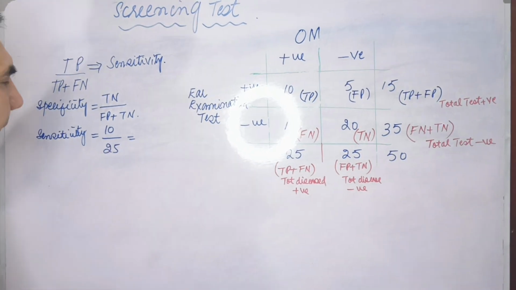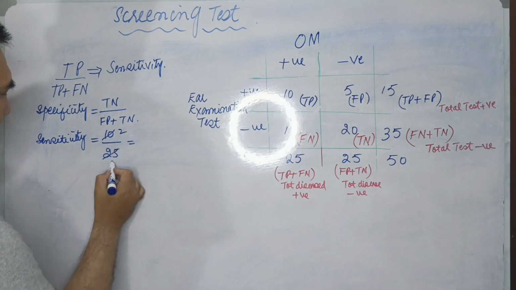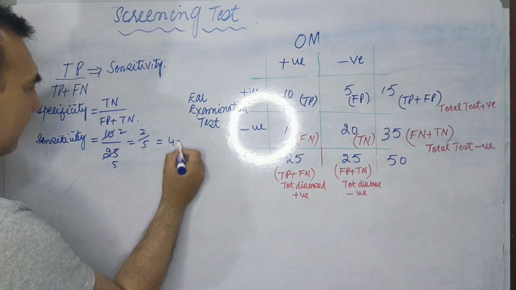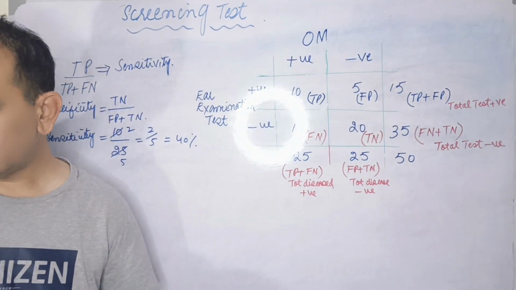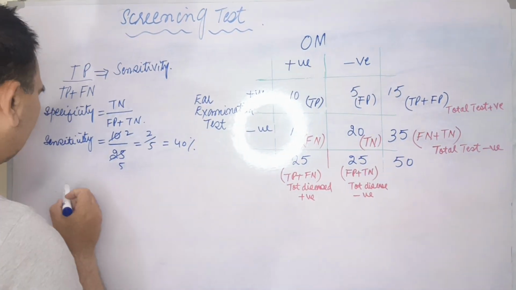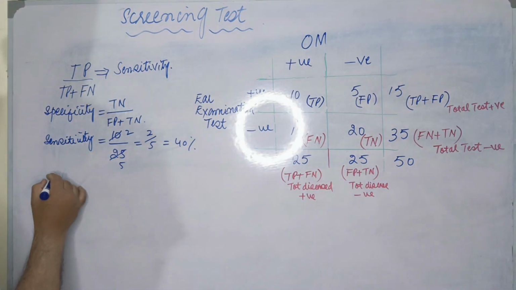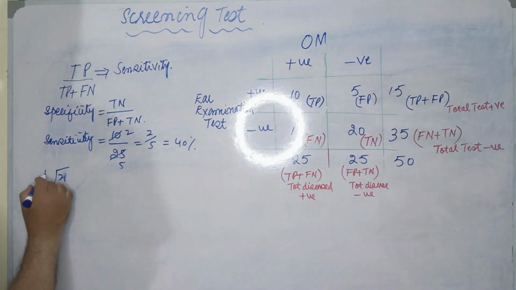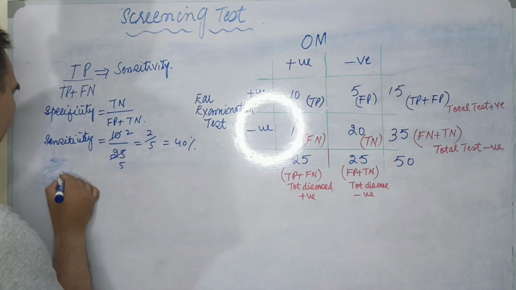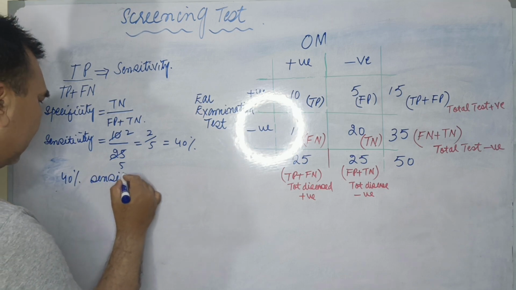When we divide 10 by 25, it is 2 divided by 5, I think, 40%. It will be around 40%. So yes, 2 divided by 5 is 40%. So the 40% is the sensitivity.